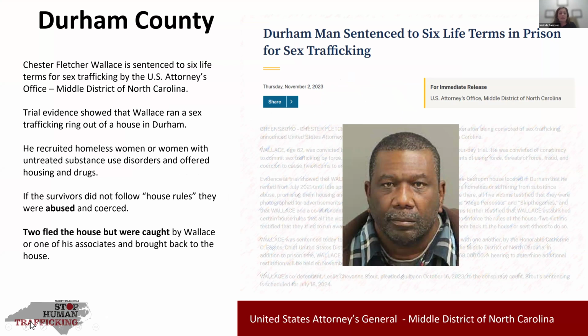But once we get down to the house rules, they were abused and coerced, and if they did not follow the house rules, 2 survivors fled the house but were caught by Wallace or one of his associates and brought back to the house. So this is an example of what force looks like in a trafficking situation. It's the abuse, and it's also being caught and abused after house rules were broken.